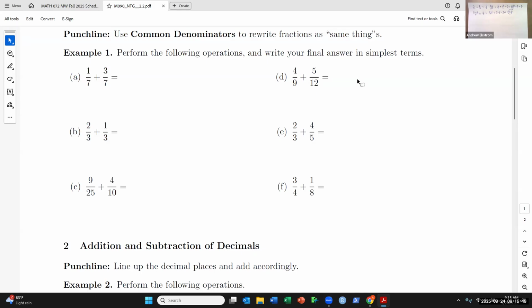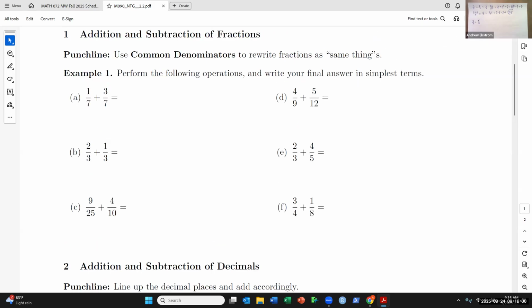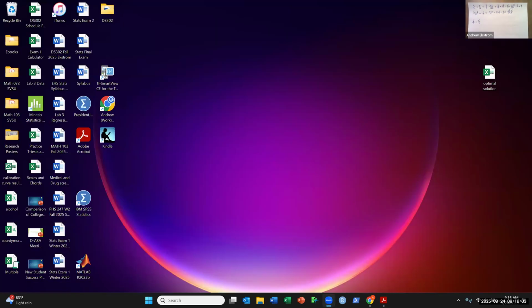So let's do another one of these. If I've got 2/9 plus 5/12, again, we've got two different ways we can do this. If we don't know any better, if we have no clue, just take the denominator from the other side and multiply it across.